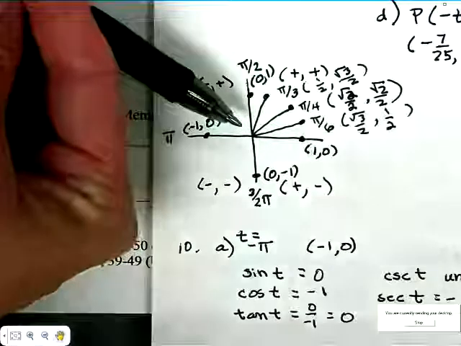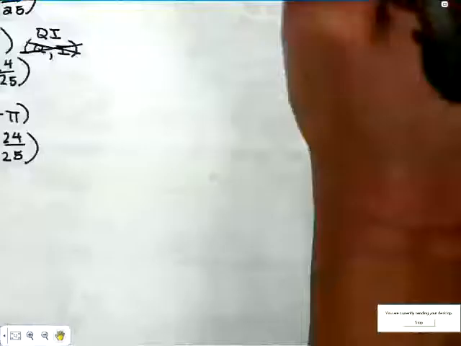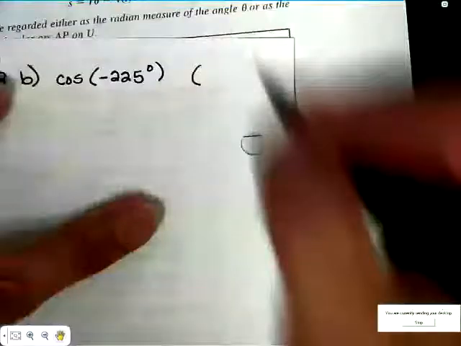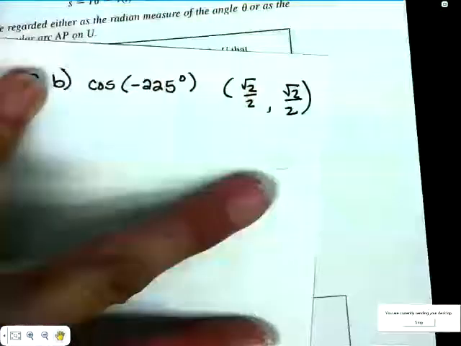I know at all the quarter pies or all the multiples of 45 degrees, well, let me write down the ordered pair first. I know the X and the Y are both square root of 2 over 2. And since that's in the third quadrant, they're both negative.